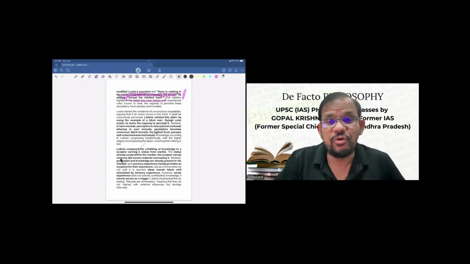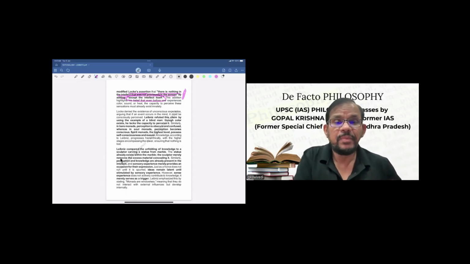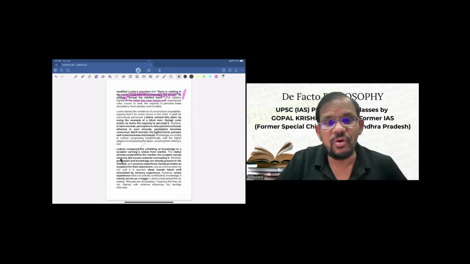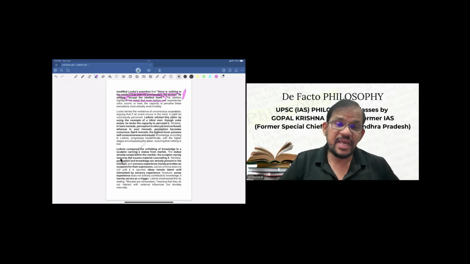The capacity to perceive sensations already exists innately in the mind. So Locke has said that there is nothing in the mind, everything comes from experience. Leibniz refuted this claim and says that for a blind man also, though color exists, he lacks the capacity to perceive it. Similarly, in bare monads, perception is obscure and confused, whereas in soul monads, perception becomes conscious, and spirit monads have the highest level.